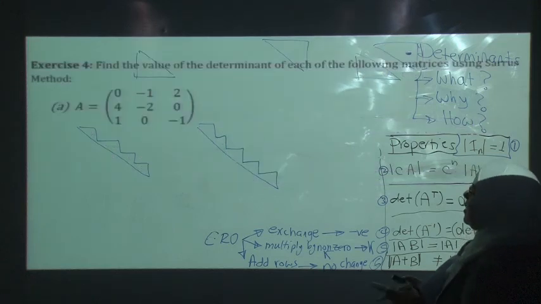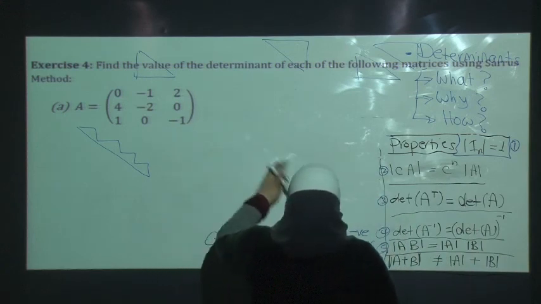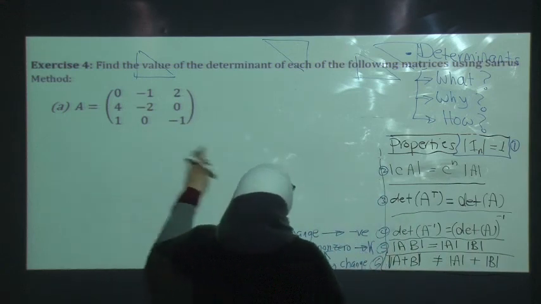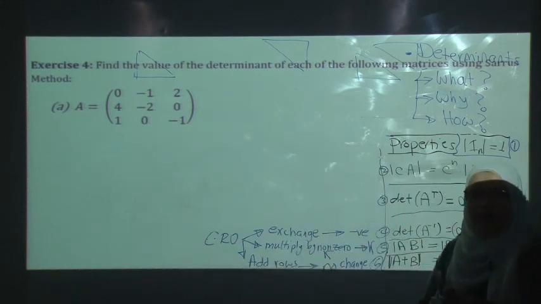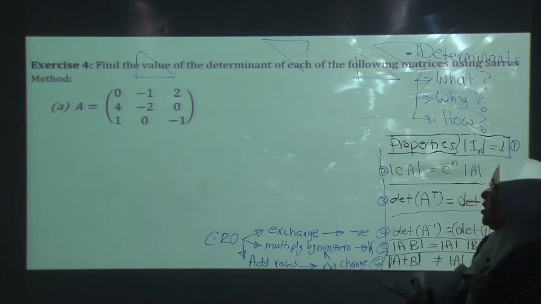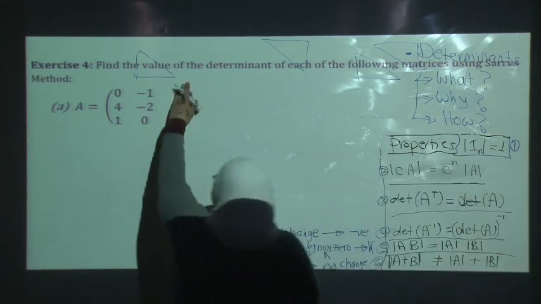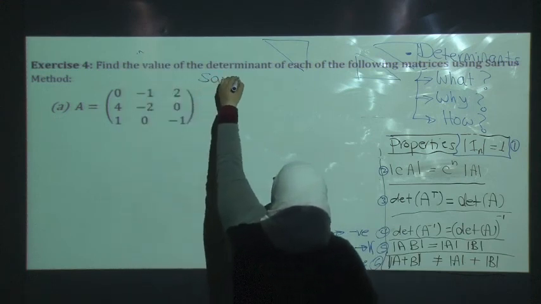Here we need to find the value of the determinant of each of the following matrices using Sarrus. Sarrus is a different method of finding the determinant of a matrix, which is very interesting as well. This is the Sarrus rule.